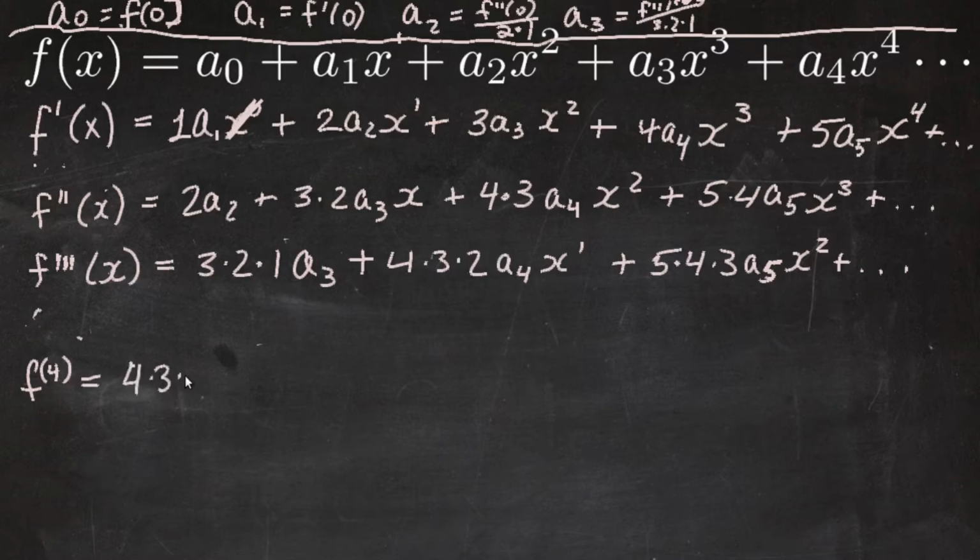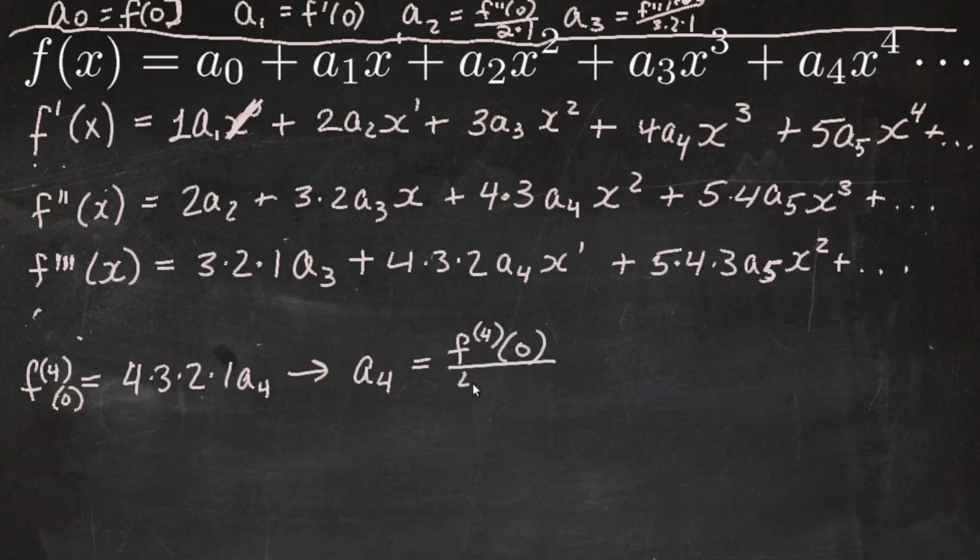And x to the 1 becomes x to the 0, which is just 1. So that means that a sub 4 is, don't forget we're evaluating this at x equals 0, f fourth derivative evaluated at 0 divided by 4 times 3 times 2 times 1.